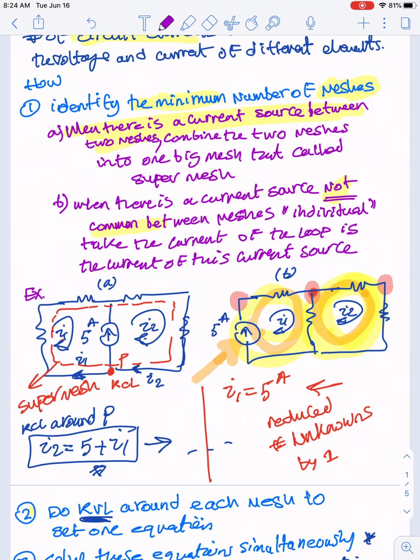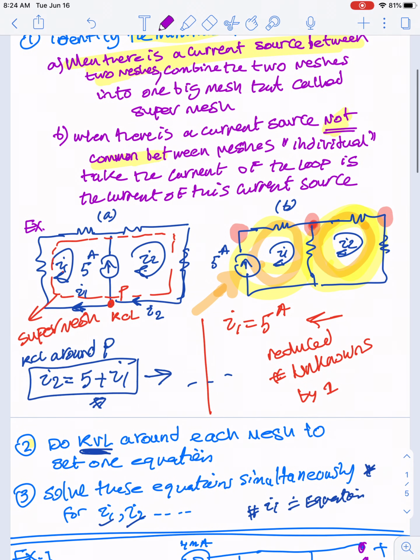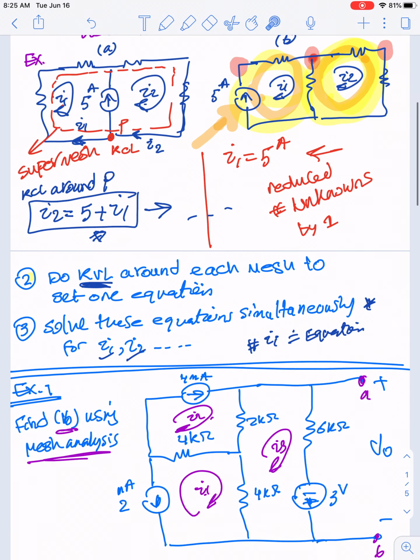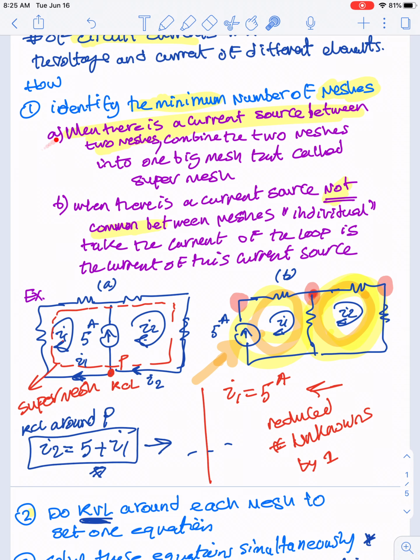The first trick says to search for a current source that is common between two meshes. Here we have two current sources, but these current sources are not common between meshes. This one is not common and this one is not common, so I will not be able to use trick A.